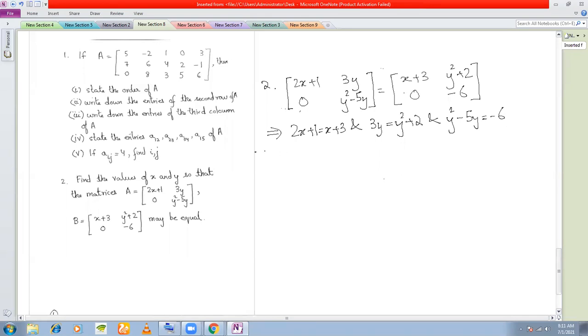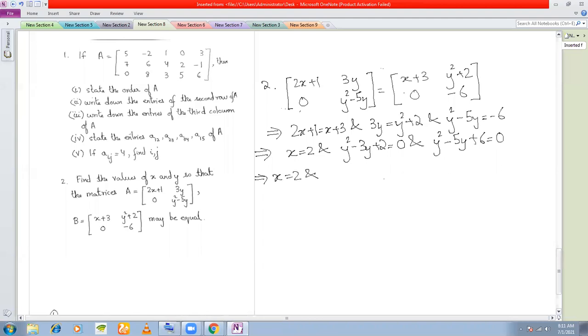So you solve for x here, you get x is equal to 2. And you can express this as a quadratic, y square minus 3y plus 2 is equal to 0. And also this quadratic is y square minus 5y plus 6 is equal to 0. That means you have x is equal to 2.